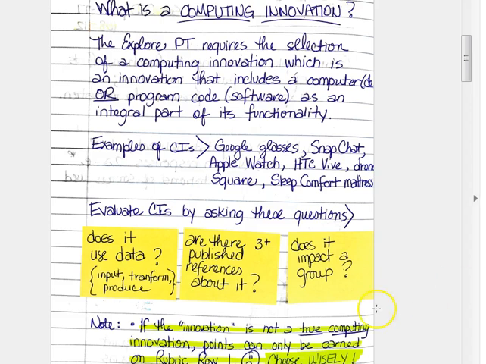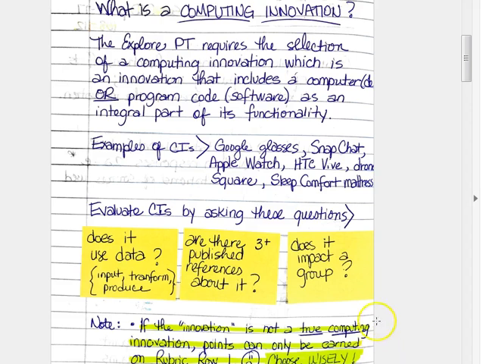The second thing to ask yourself is, can I find 3 published references about this innovation? And 2 of those 3 need to be since June of 2017. So it's got to be fresh. You've got to pick an innovation that people are talking about and writing about, and they need to be credible references.